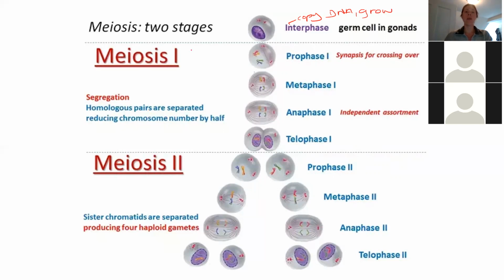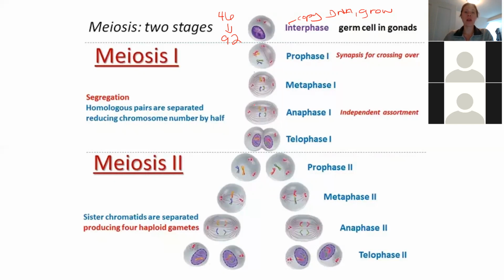So if we're copying the DNA, and we're going to talk about humans right now, when we have 46 total chromosomes at the beginning, we're going to copy the DNA to get a total of 92 chromosomes by the end of interphase before we start into meiosis.